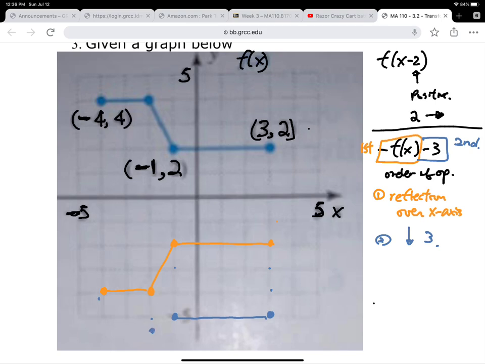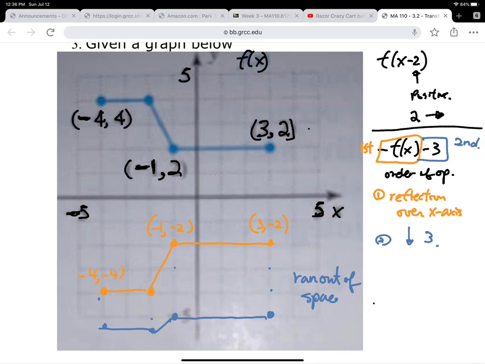Okay, if you run out of space, that's fine. Just make sure you can tell me what the points are. Remember, this is 3, -2. This is -1, -2.